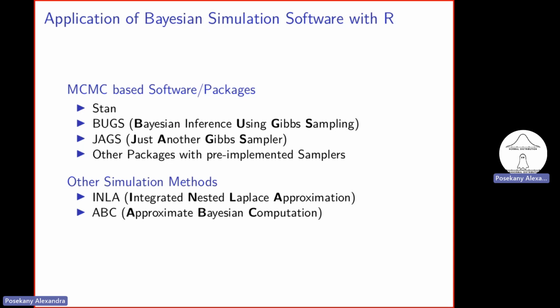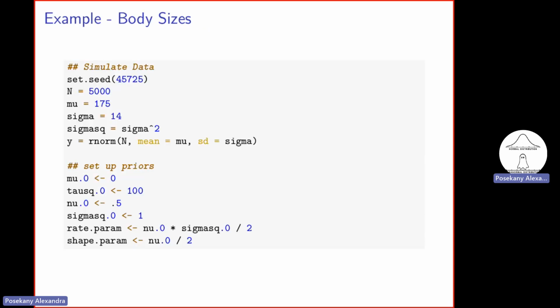Okay, but that's just to give you an overview, because we will mainly focus on the Stan, BUGS scenario of Markov chain Monte Carlo sampling, and we will also look at INLA for one of the examples, for a regression example, because that's where it still works.